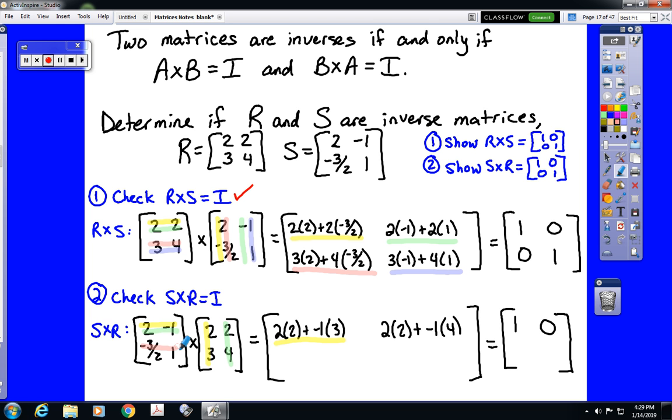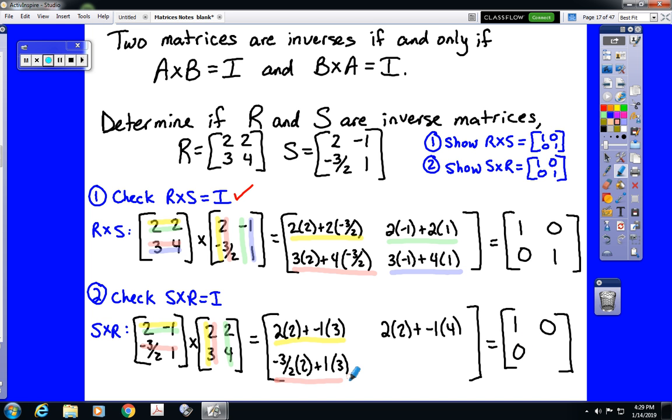Then we have row 2 times column 1. That is negative 3 halves times 2 plus 1 times 3. That would be negative 3 plus 3, which would be the 0 that we require.